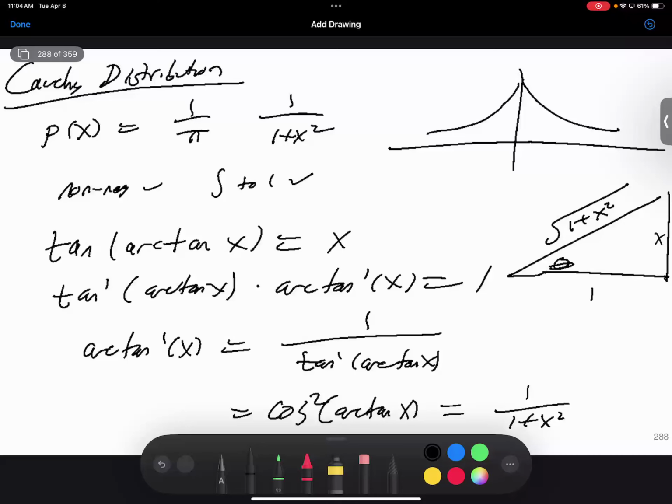Uniform, exponential, Gaussian, these are all nice. Uniform has finite support. Gaussian, exponential, they all decay very rapidly. What happens if you don't decay very rapidly? It turns out the Cauchy distribution is stable. So Cauchy plus Cauchy is Cauchy.